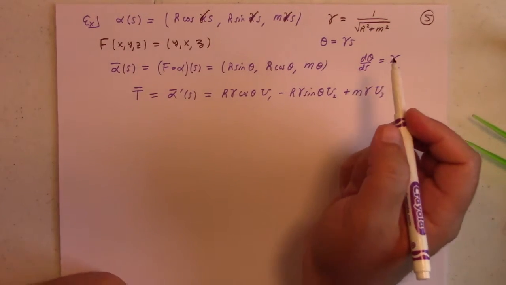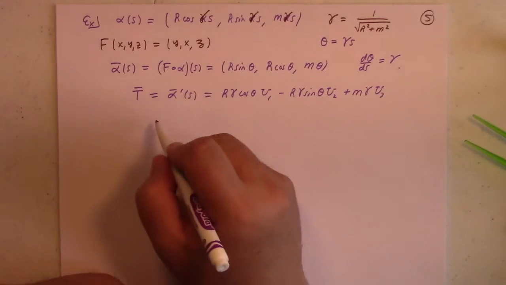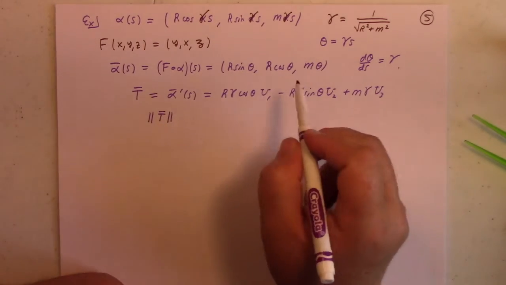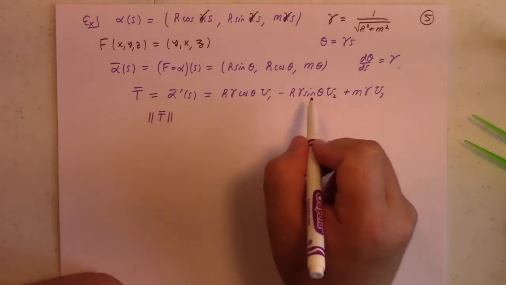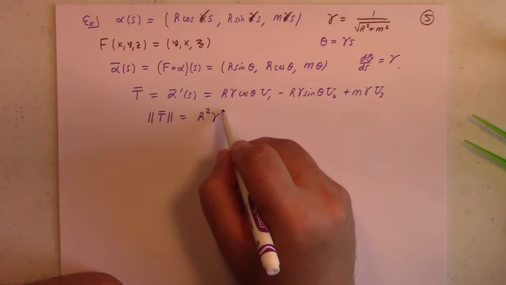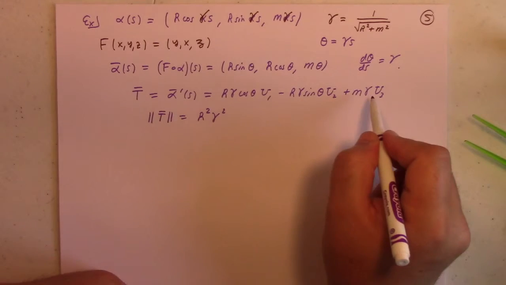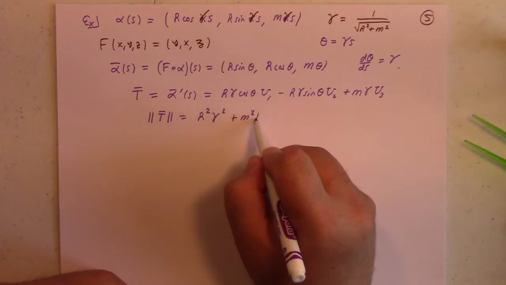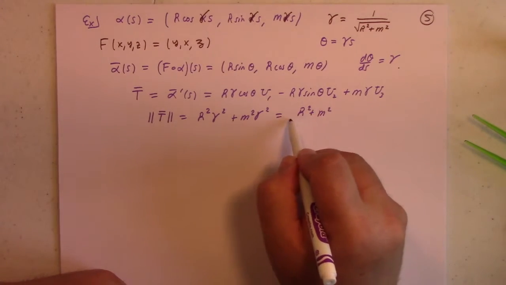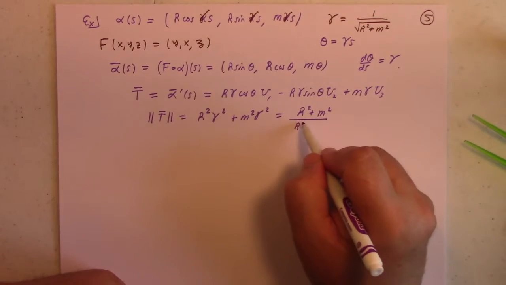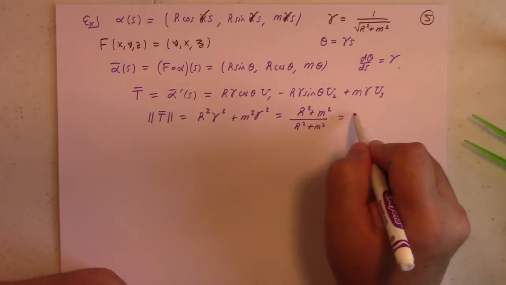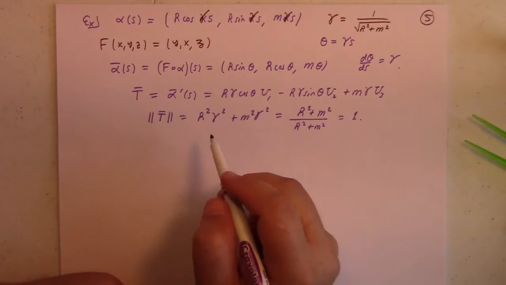Do I need to normalize this? No, I don't. Notice the length, and this is not an accident, I made this happen. The length of t bar is equal to r squared gamma squared, cosine squared plus sine squared is 1, and then plus m squared gamma squared. But that's r squared plus m squared divided by r squared plus m squared, because gamma squared is 1 over r squared plus m squared. So as you can see, it is in fact arc length parametrized.